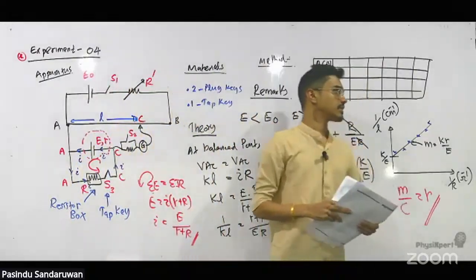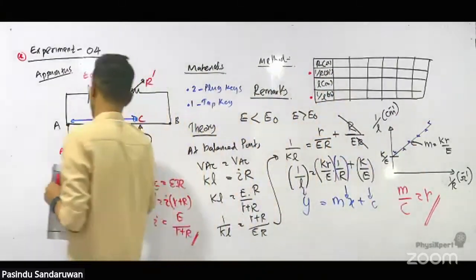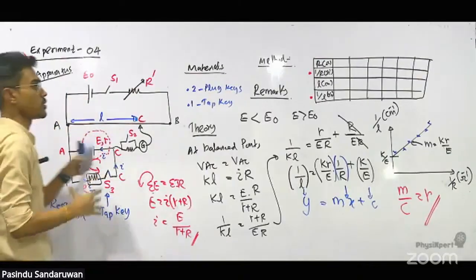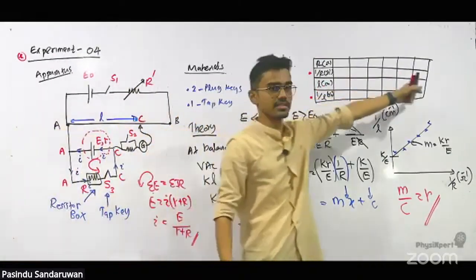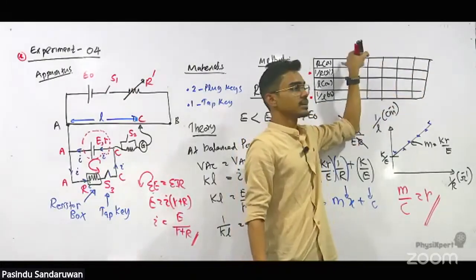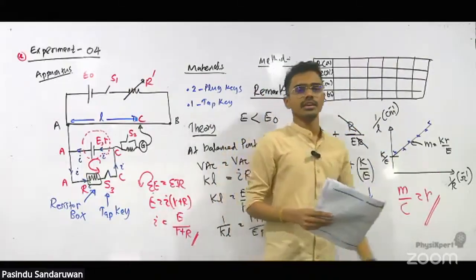Next one. If you need to check whether the accumulator is discharged at the end of the experiment, after taking all these 6 readings, set the resistance R to the initial value, take the first reading again and compare it with the initial value.